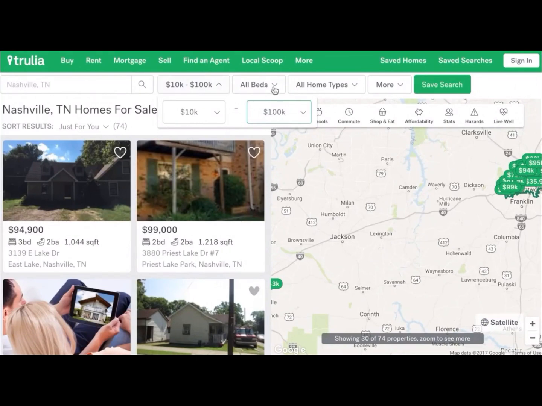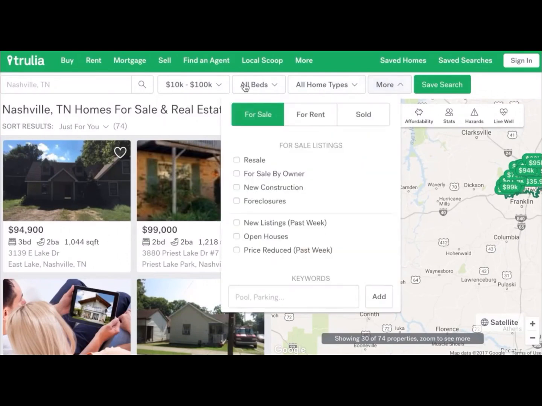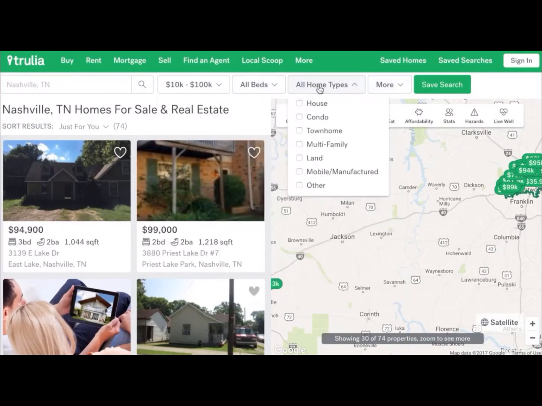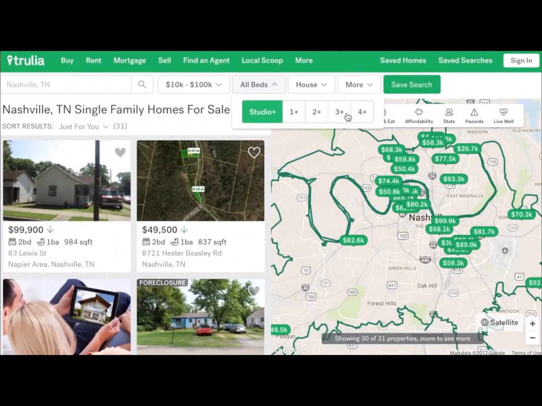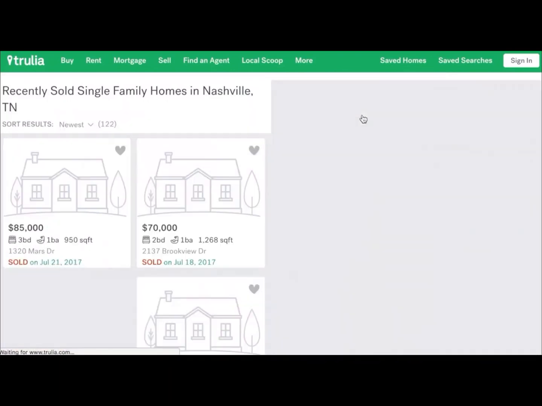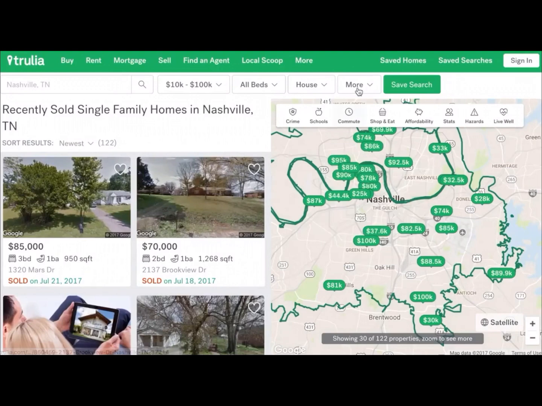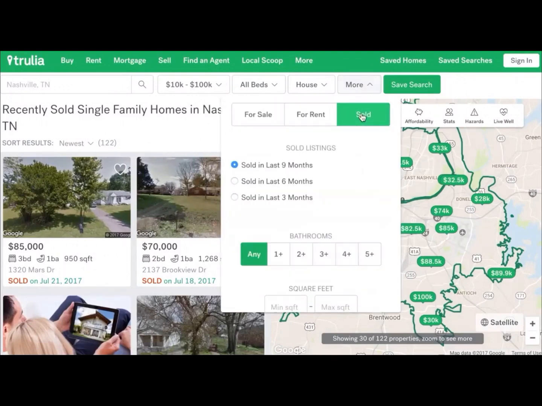And I want to look at just houses. So I don't want to look at condos and all this. We'll just look at single family. I'm not going to put any kind of filter on bedrooms. And we've got our price point. And then we're going to look at sold. So under the More tab, right here under More, switch it to sold, and sold in the last 9 months.